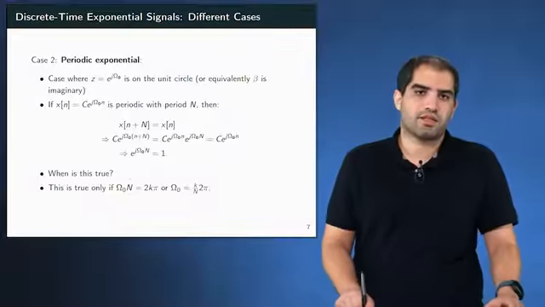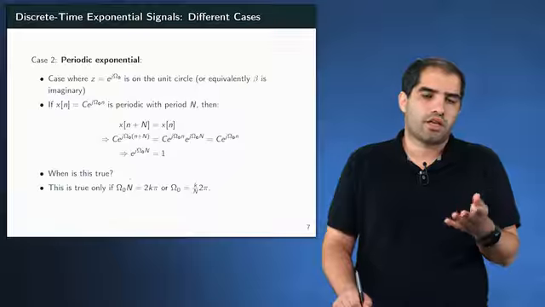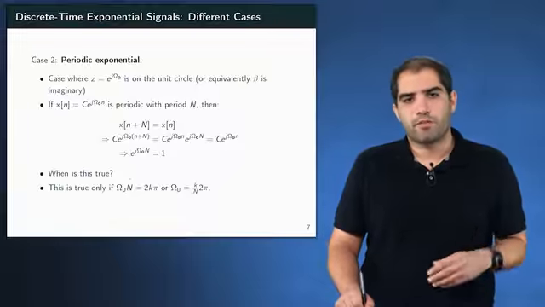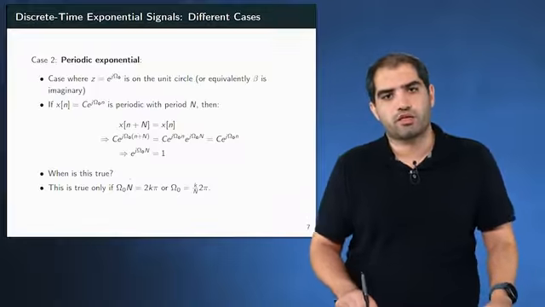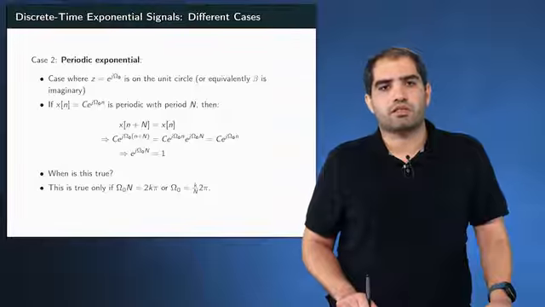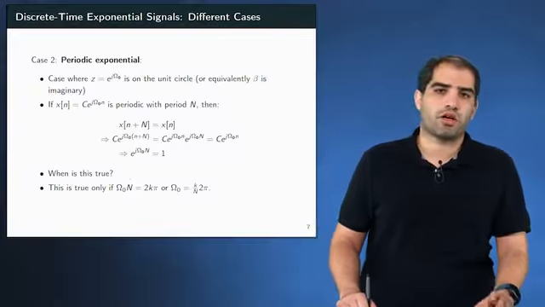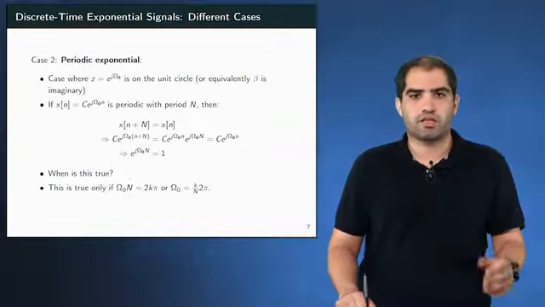We know that e to the j theta is equal to 1 if and only if theta is some multiple of 2 pi. Therefore, to have e to the j omega naught N equal to 1, we need omega naught N to be some multiple of 2 pi, so 2k pi, where k is an integer.